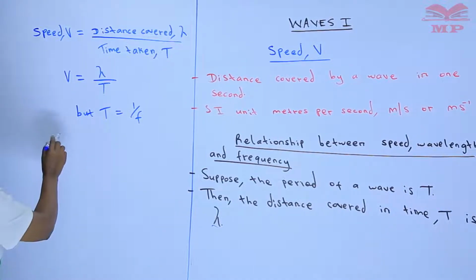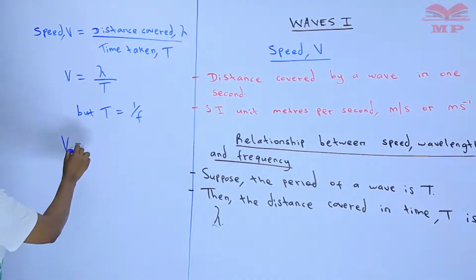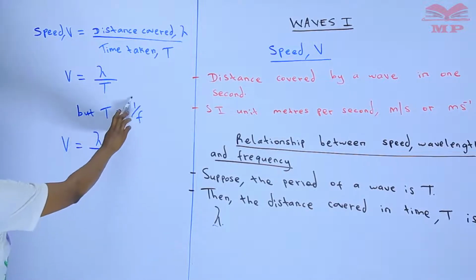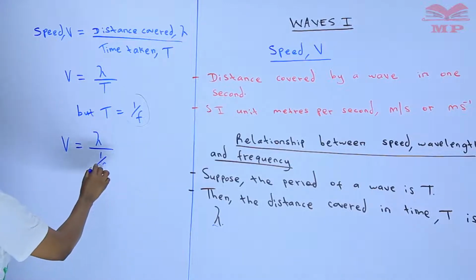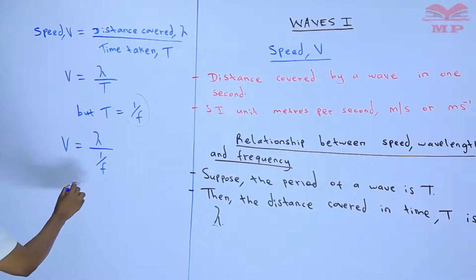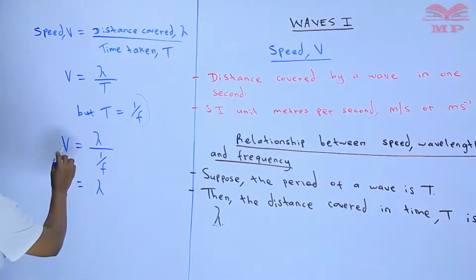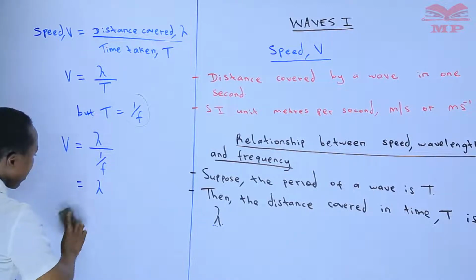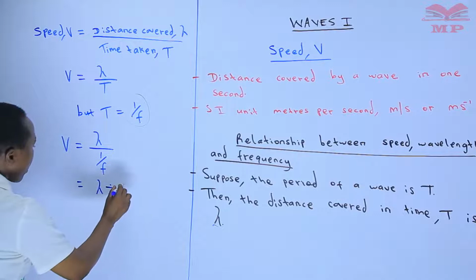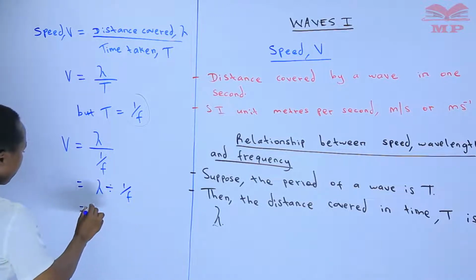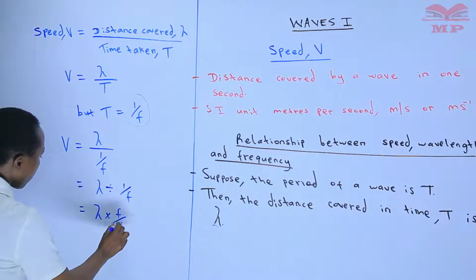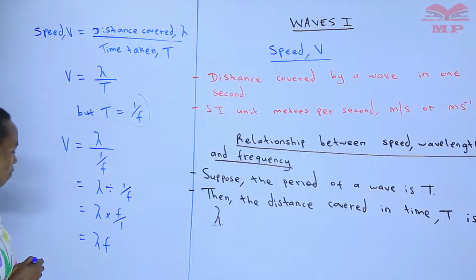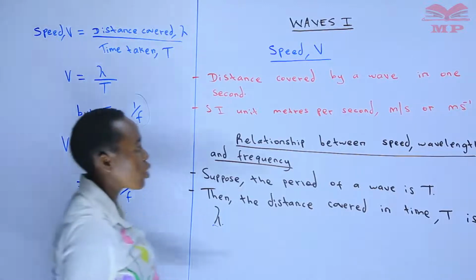So our speed will be equal to wavelength divided by periodic time, where our periodic time is 1 over f. Wavelength divided by 1 over f is the same as wavelength multiplied by f over 1, which is equal to lambda f. And therefore we can make a conclusion here.